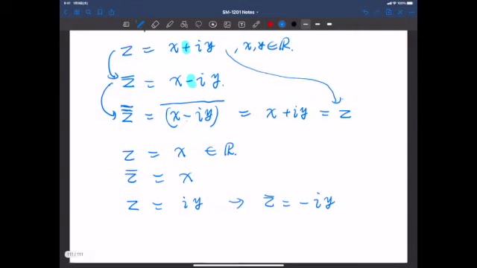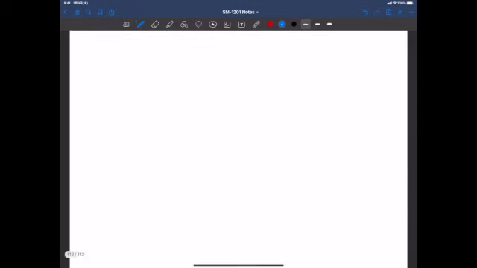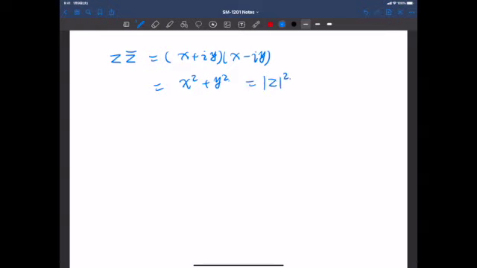Okay. And if you multiply z and its conjugate, x plus iy and x minus iy, and calculate this, then you get x squared plus y squared, which is the square of the modulus of z.